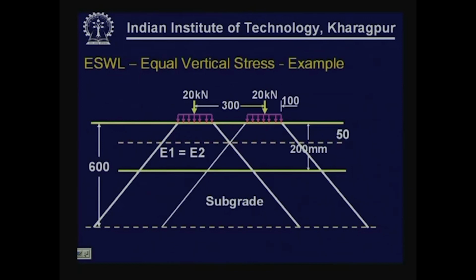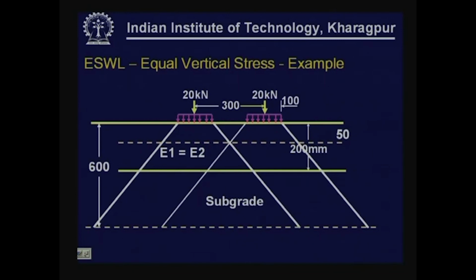At a depth of 600 millimeters, that is twice ST, that is 2 into 300, there is going to be complete overlap. So within this region, the equivalent single wheel load will have to be 2 into 20 kilonewton, that will be 40 kilonewton. But in between, at a depth of 200 millimeter, at which we are interested in, the equivalent single wheel load has to be somewhere between 20 kilonewton and 40 kilonewton.